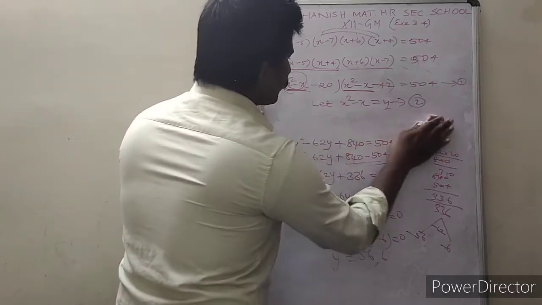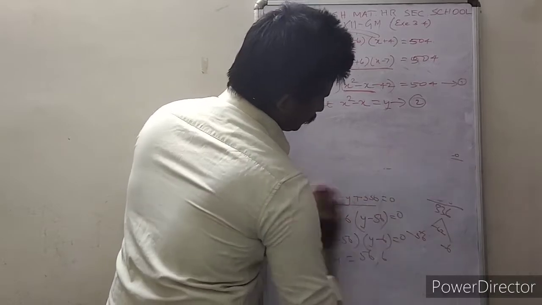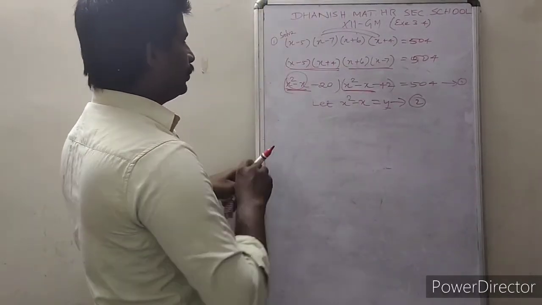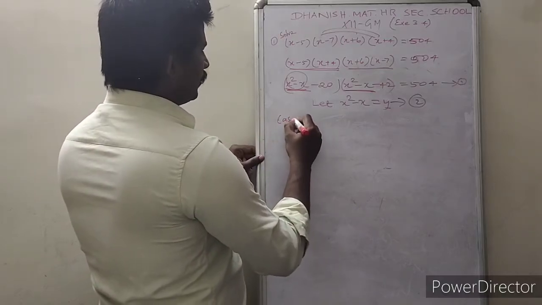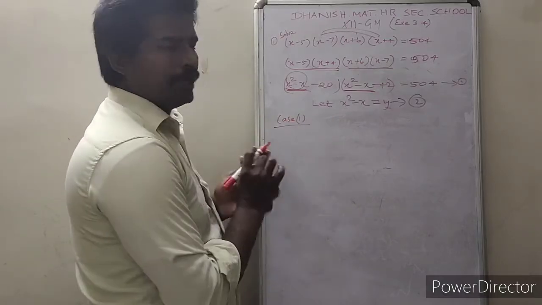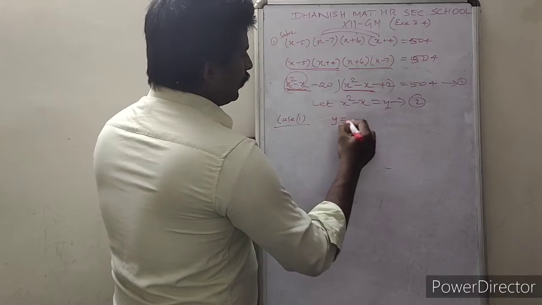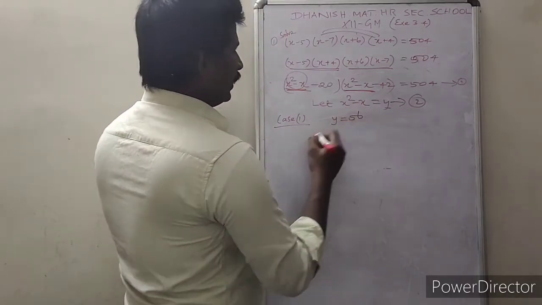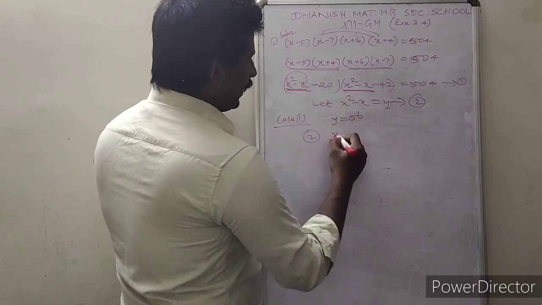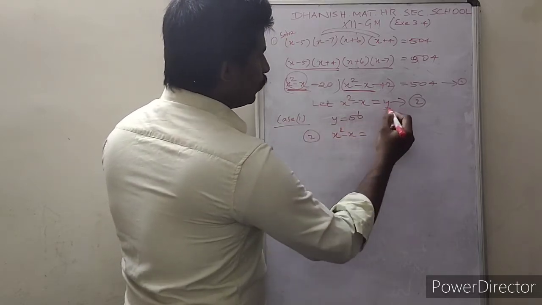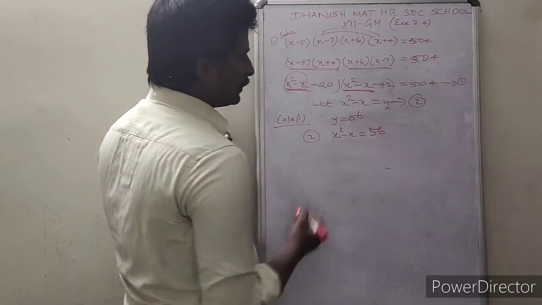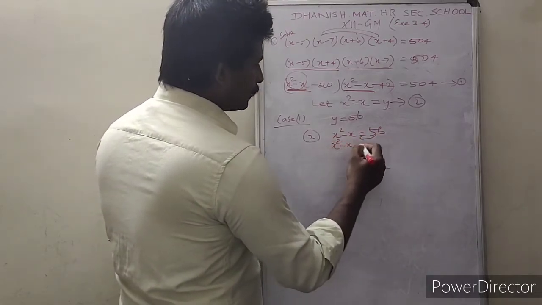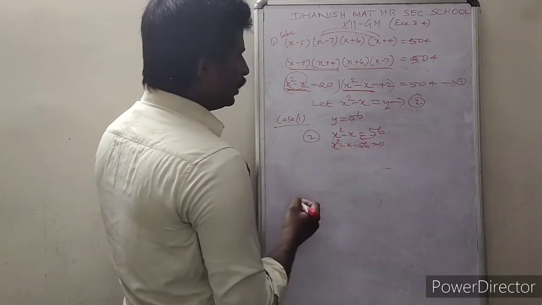First, case 1: y equal to 56. So equation 2 becomes x square minus x equal to y. Instead of y, I put 56. Now I bring 56 to the left side. So x square minus x minus 56 equal to 0.